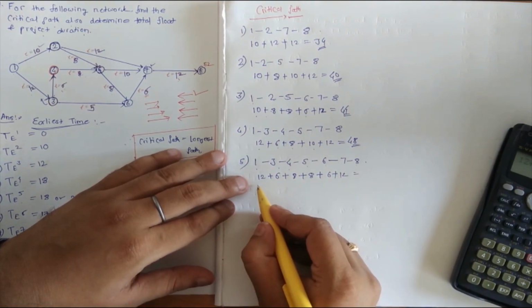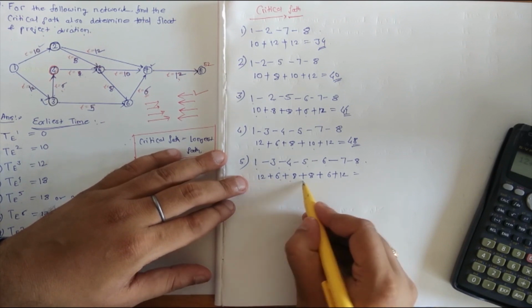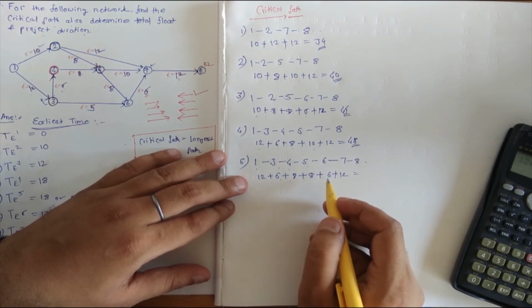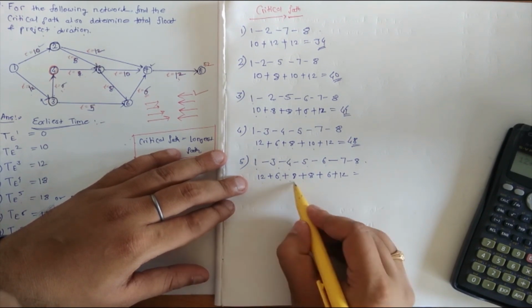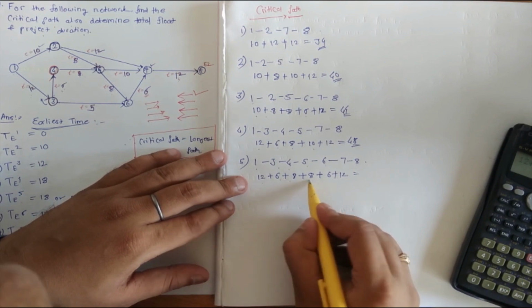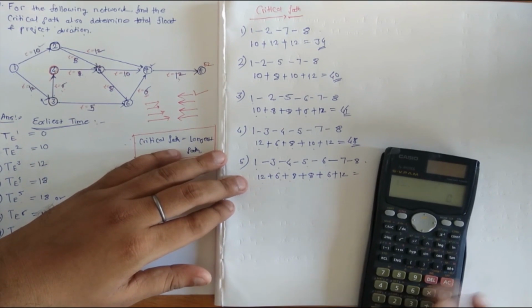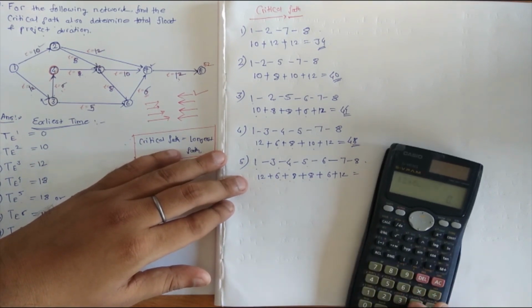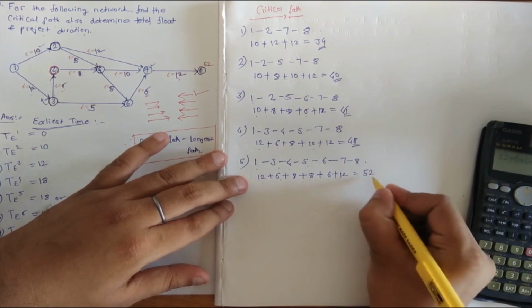So 12 plus 6 plus 8 plus 8 plus 6 plus 12 comes out to be 52.